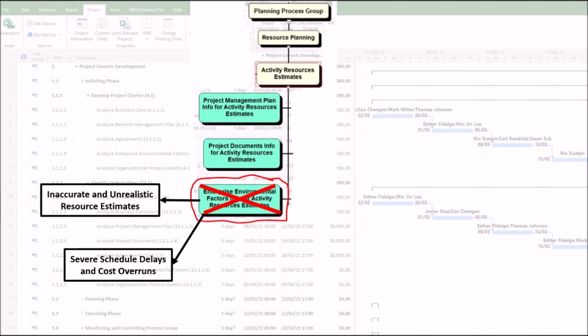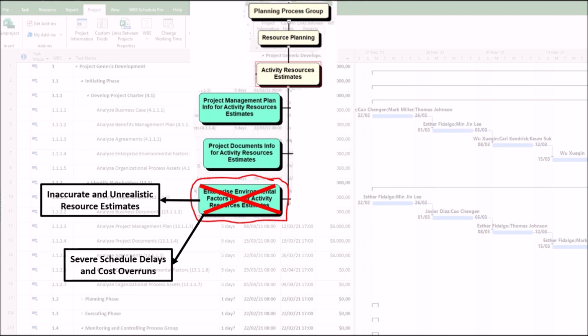2. Severe schedule delays and cost overruns. Poor enterprise environmental factors analysis directly translates into missed deadlines and blown budgets. The problem here is that you plan to use a specific piece of equipment or software, but you fail to consider, first, enterprise environmental factors, such as marketplace conditions.